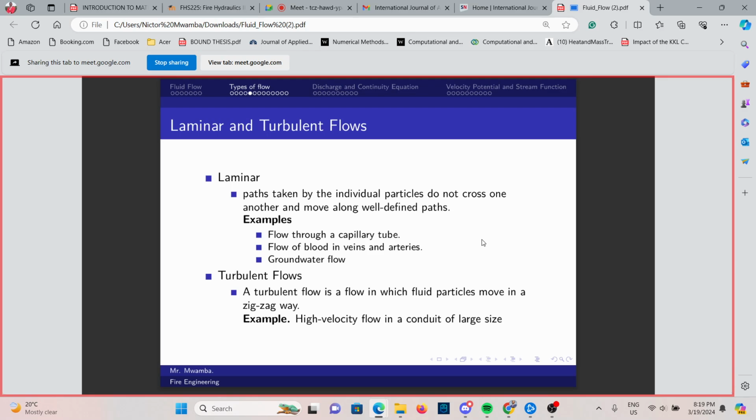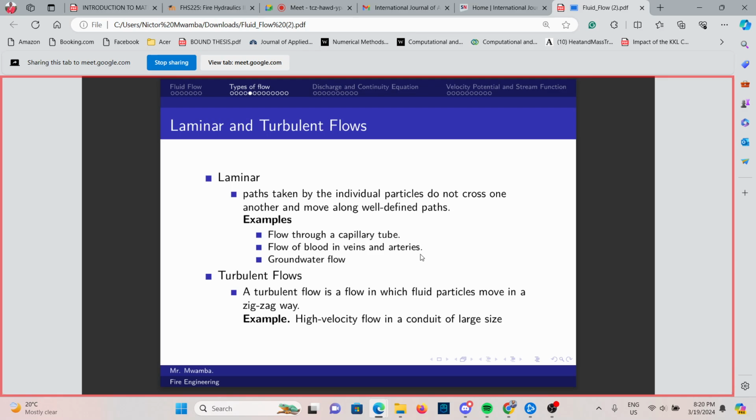When the drink is flowing along that straw, it flows in a straight line. It doesn't crisscross. The fluid particles maintain their position as they move up the straw. Another example is groundwater flow and flow of blood through the veins and arteries.